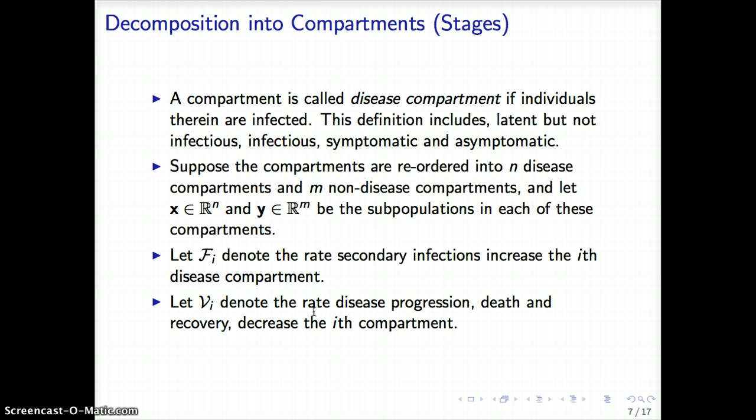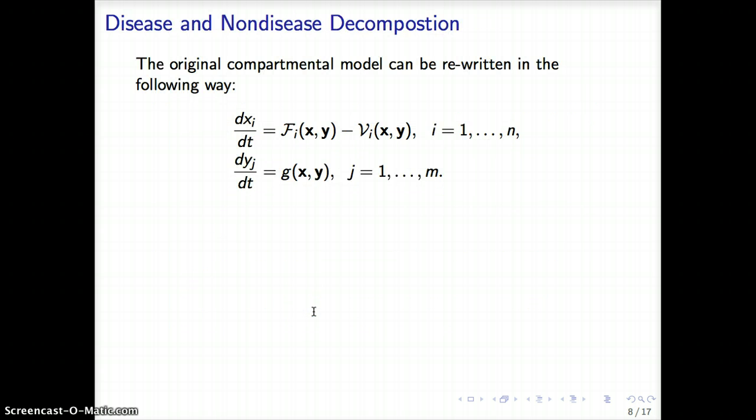Okay, so this allows us to write the original model into a new form where we have state variables in terms of the disease compartments, x sub 1, sub 2, sub 3, all the way through x sub n, and all those compartments can be written in terms of F minus V, but this F being an operator, right?